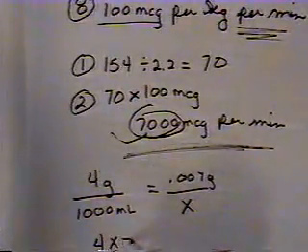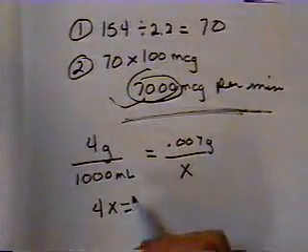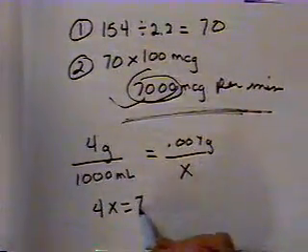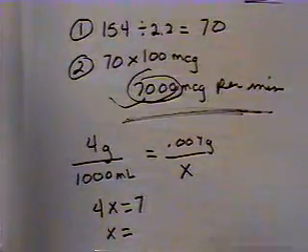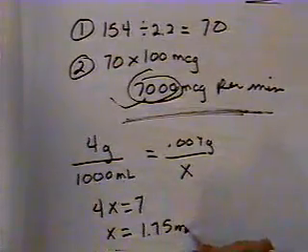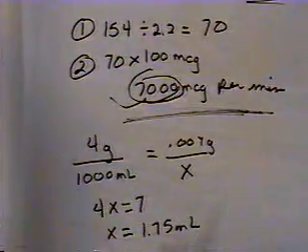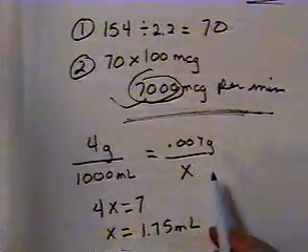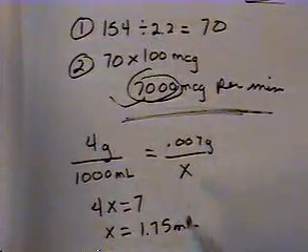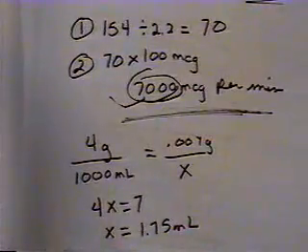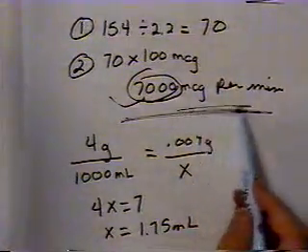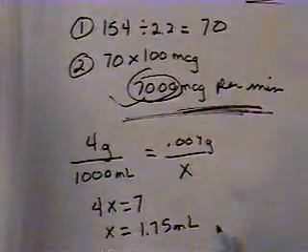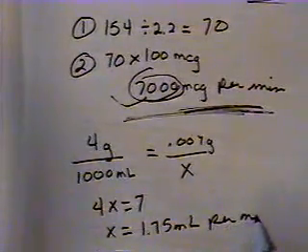So 4x, when I multiply 1,000 times 0.007, this is now milliliters, because I took the bottle and changed in per contains to find out how many milliliters to give. But this was micrograms per minute, so this is milliliters per minute.